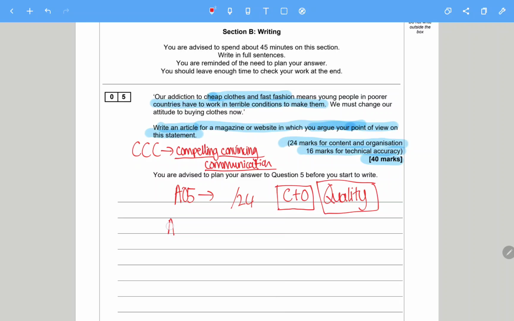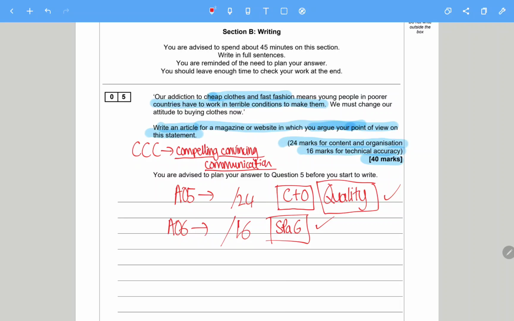And AO6, you will get a mark out of 16, and that's focusing on your SPAG, so your spelling, punctuation and grammar. Have you used accurate spelling throughout your writing? Do you have a variety of punctuation, and is your grammar accurate? So that's something that you need to focus on. So AO5 and AO6, these are the skills that are being assessed.